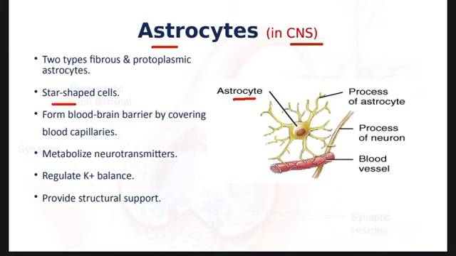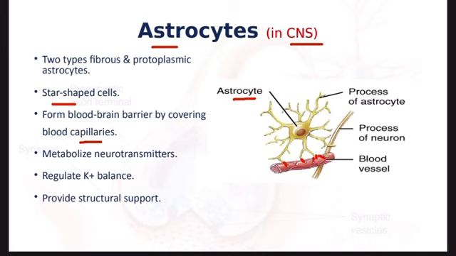They actually form the blood-brain barrier (BBB), and we're going to talk about this in the next hour, by covering the capillaries, okay, which are the blood vessels in short. So they are here. They cover all of this. If you see here, here, here, here, here, they cover it.